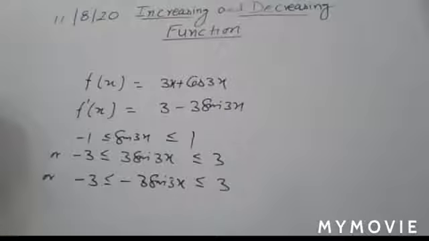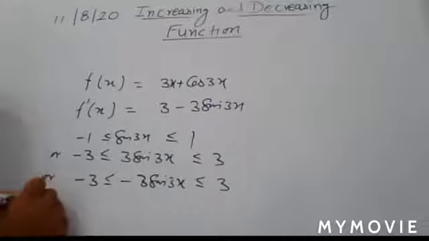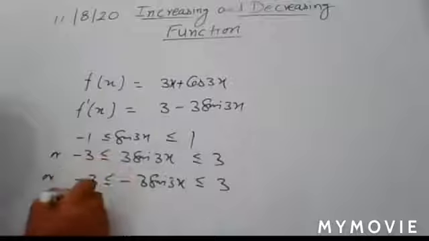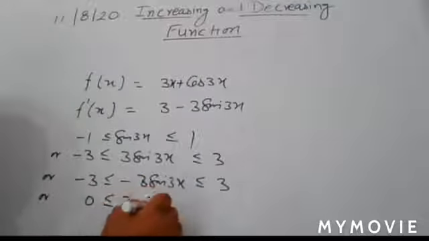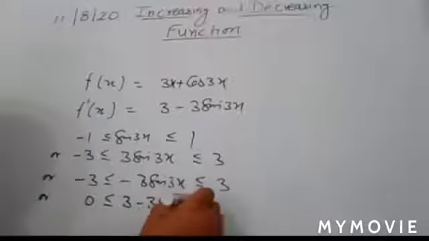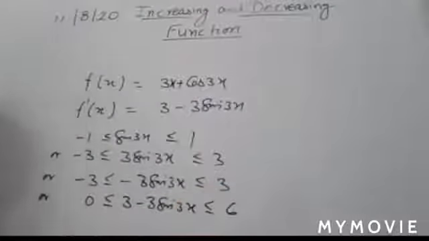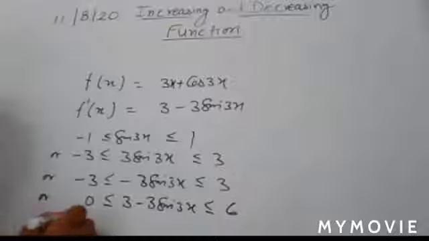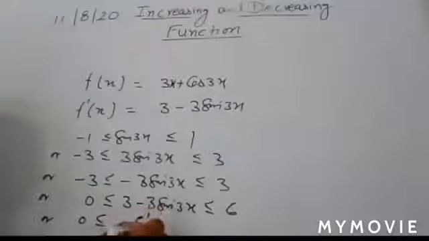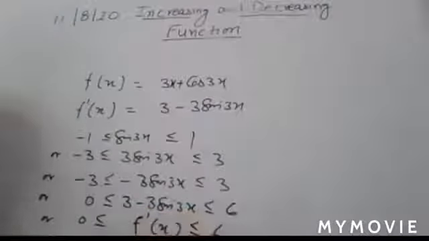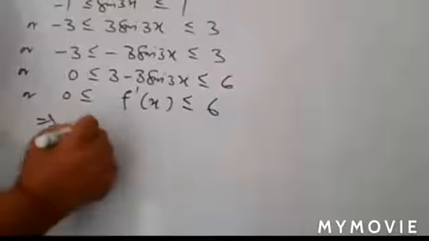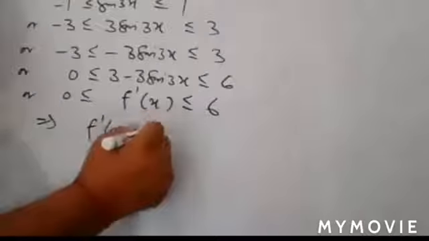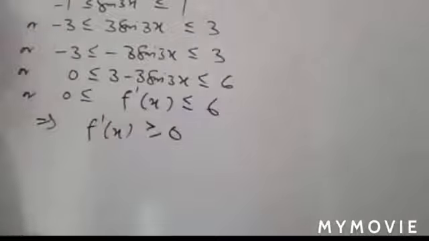Now you add 3 on both sides. Here you have 0, and on this side you have 3 - 3 sin 3x is less than or equal to 6. This value is f'(x), which is less than or equal to 6. And here you find that f'(x) is greater than or equal to 0, means positive.